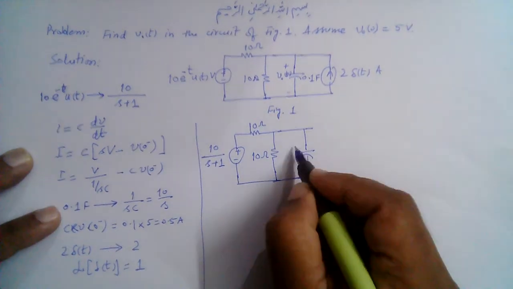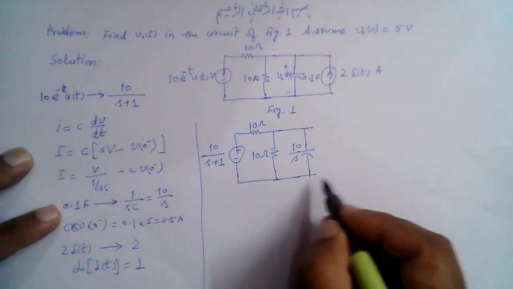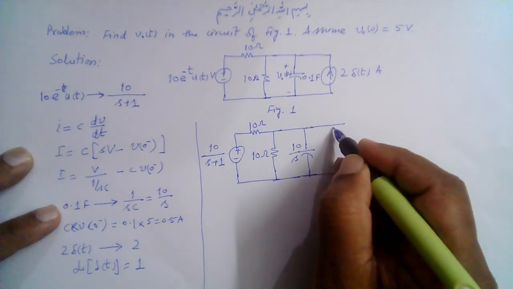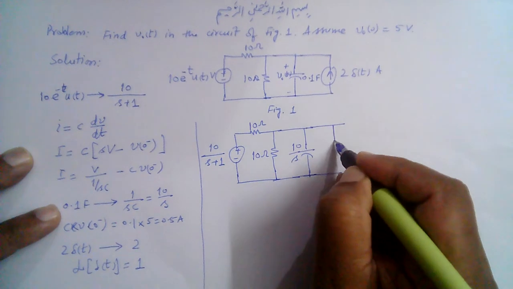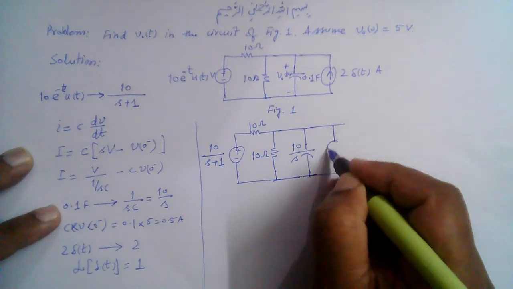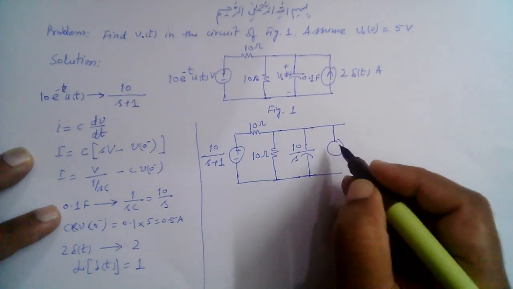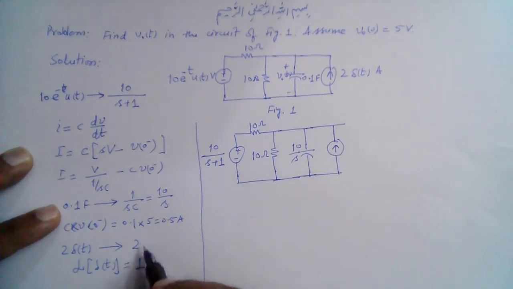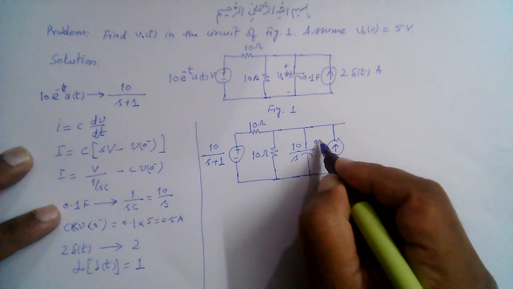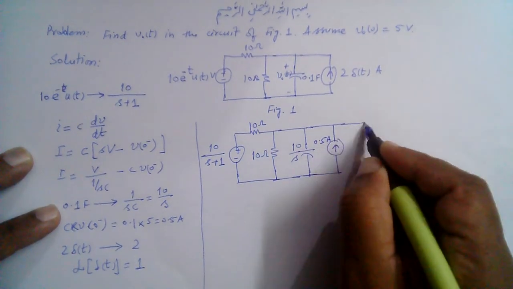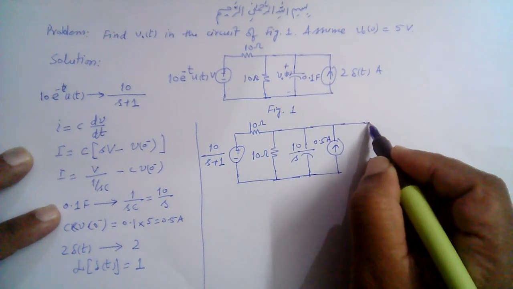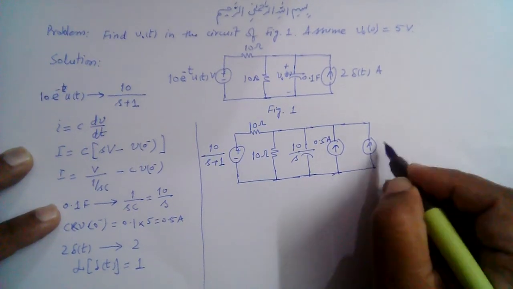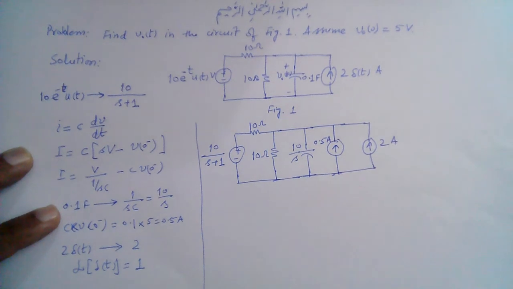This is 10 over s, which we have found out, and in parallel with the capacitor, the initial condition is included in the circuit using this current source. So this current source is 0.5 ampere, and then this current source is also transformed, and this is simply 2 ampere. And we need to find voltage V naught.